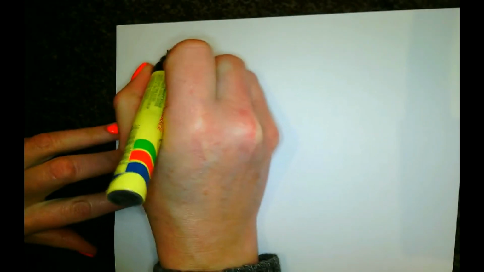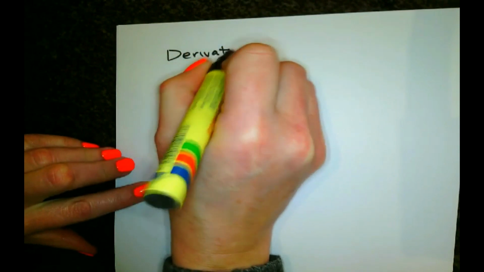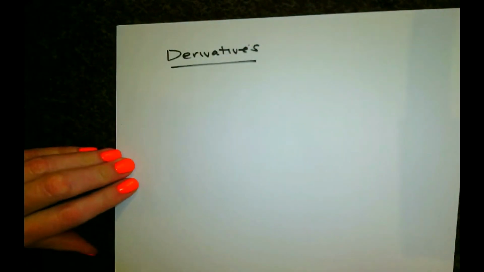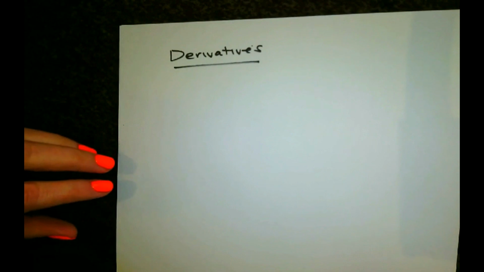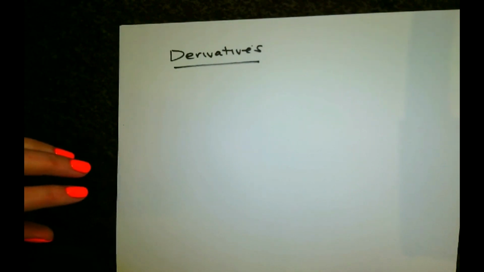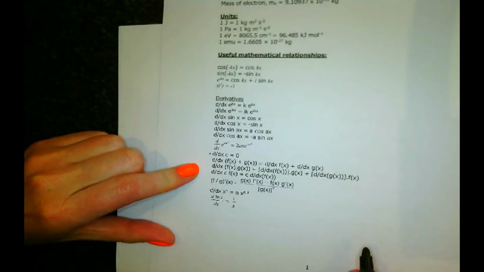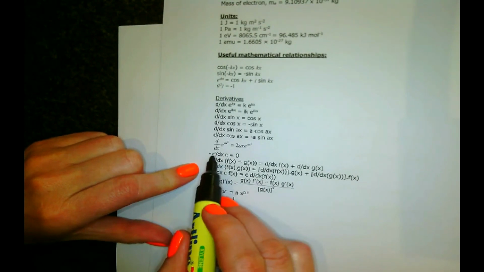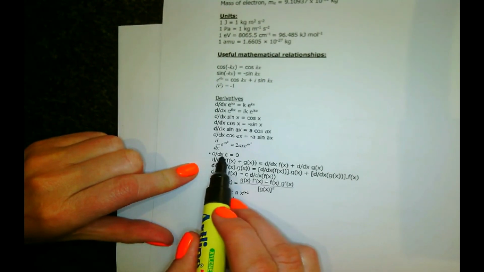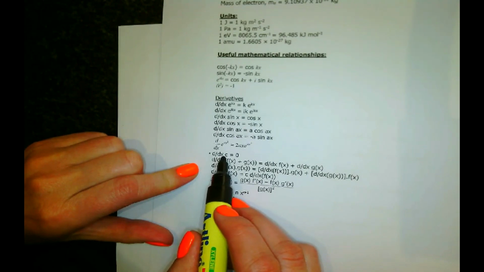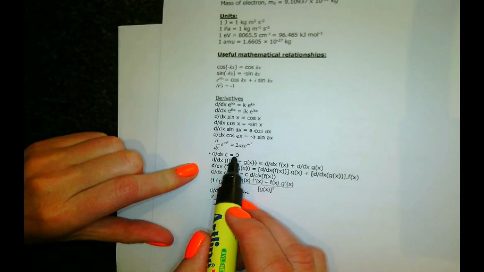Okay, so let's have a look at some derivatives. Just some general derivatives. If you have a look at your data sheet, that one there, we see is a constant. We generalize the derivative to x, it can be any symbol. c is a constant, the derivative of a constant is 0.